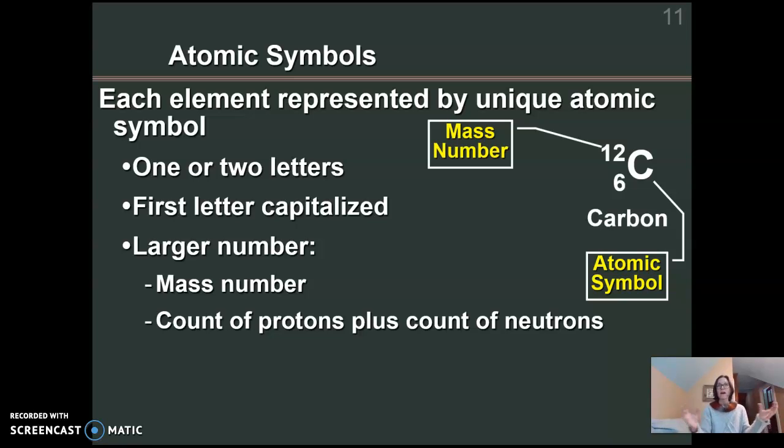So carbon, if we add up protons and neutrons in the nucleus, we've got 12. And that's with the weight of the atom. So a proton weighs 1 atomic mass unit and a neutron weighs 1 atomic mass unit. So when we add all those up, we have 12 atomic mass units in the nucleus.